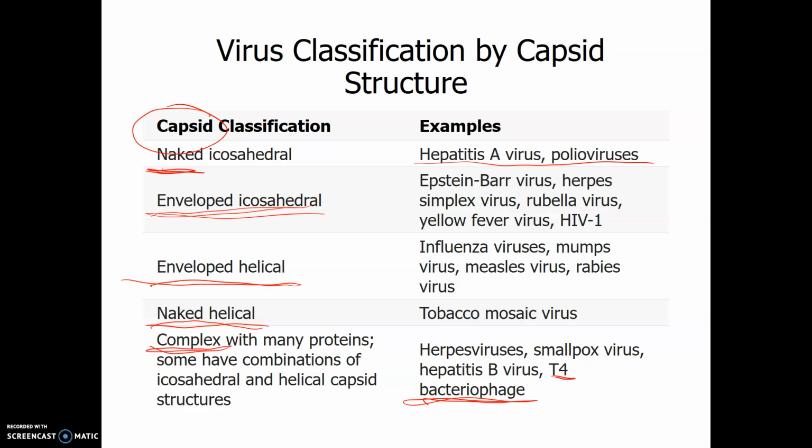It had a head and a tail, and the tail had those attachment proteins that look like little legs. But anyway, herpes virus, the smallpox, variola virus, and hepatitis B, and the bacteriophage has a complex capsid structure.